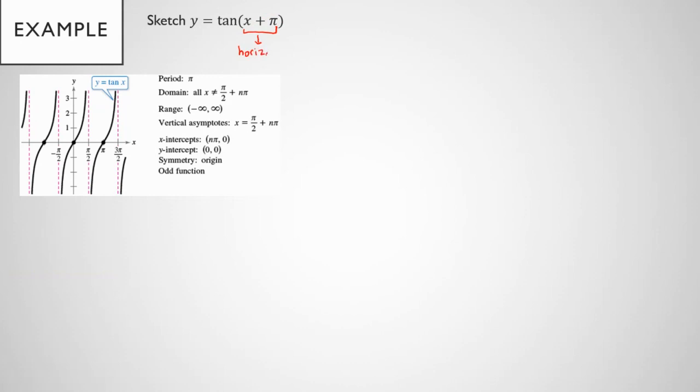So we're going to be shifting left or right. And then just as a note, because it happens to x, it's affecting the asymptotes, the period, and then the domain.